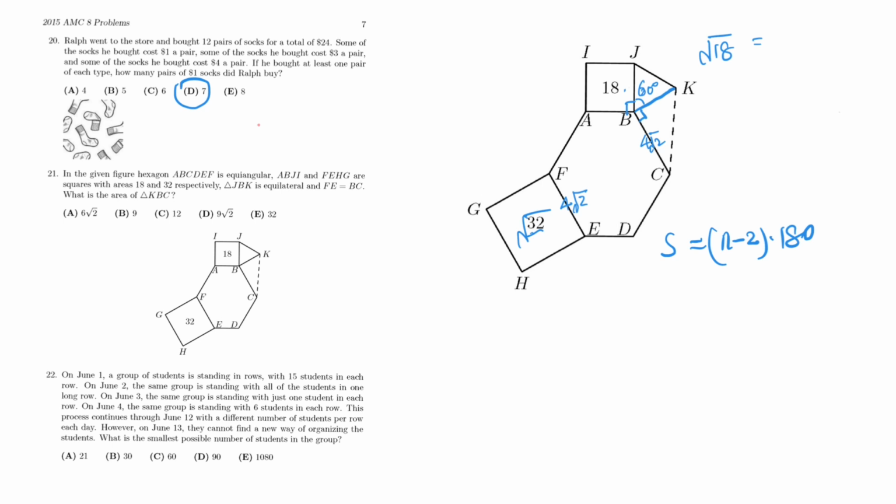Here n is 6 because it's a hexagon. So 6 minus 2 times 180, that's 4 times 180, which is 720. Because the hexagon is equiangular, 720 divided by 6 is 120 degrees, so each angle equals 120. So ABC is 120.